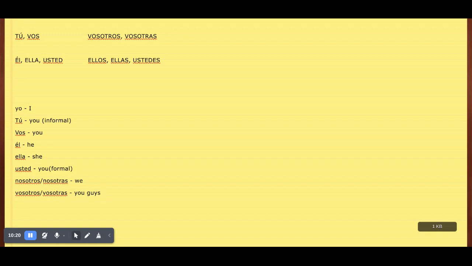It's commonly how we say it in English. Could also mean y'all, kind of depends on where you're from, what kind of English you speak. Or even you. Sometimes we say you directly addressing more than one person. So, for example, if I was talking to two of my friends and I said, you need to get it together, referring to both of them, that would be an example of where we translate that as vosotros or vosotras.